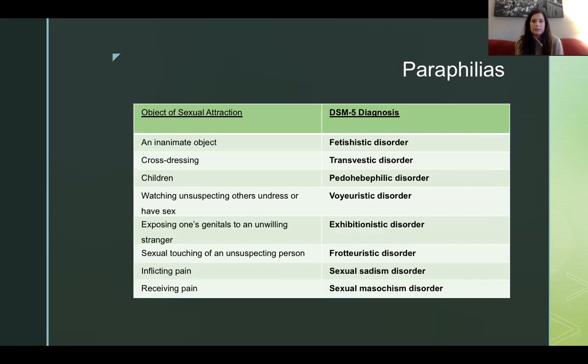In fact, I was just at a conference in the fall, and it's very much a culture, and it's a group of people who want recognition and want to be able to engage in whatever sexual acts that they want and not feel stigmatized for it. And often people criticize the DSM because it stigmatizes people who are engaging in behaviors that are safe and not harmful to themselves or others.